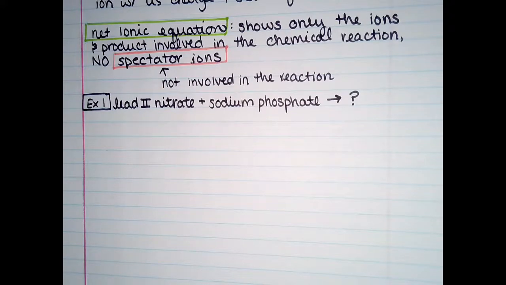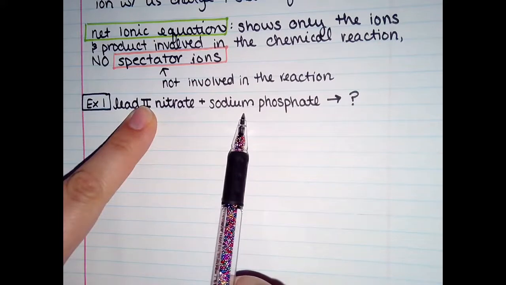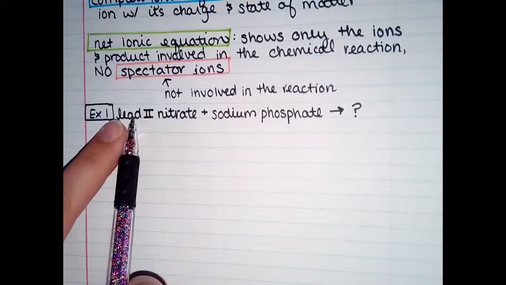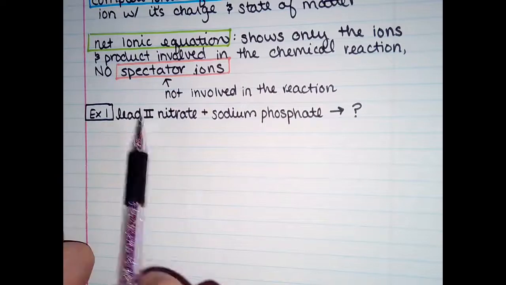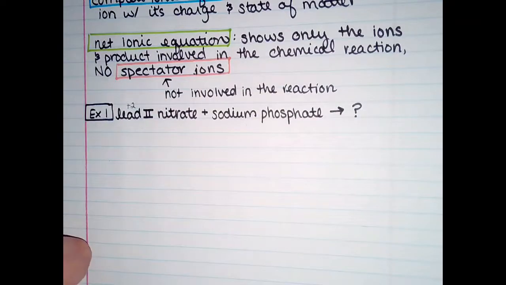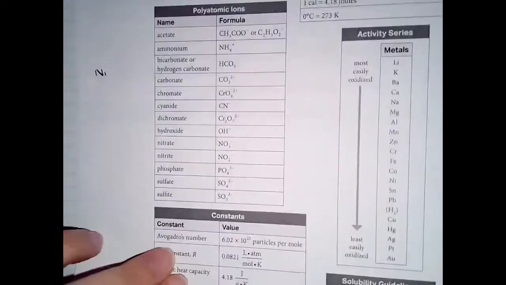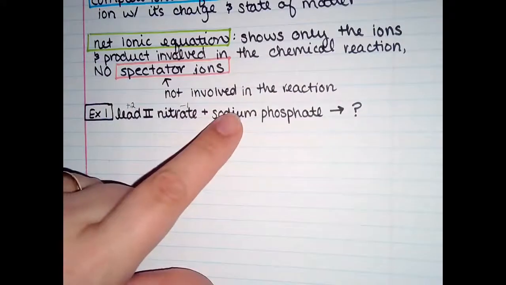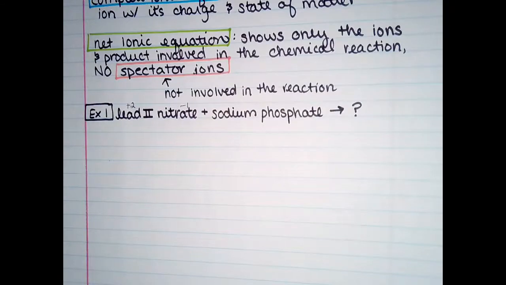First, we got to get our reactants and write proper chemical formulas. Charge of lead 2, the 2 tells us the charge is +2. Nitrate, you would look on here, and the charge is -1. Sodium, we go to the periodic table.